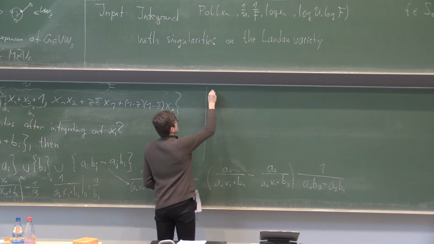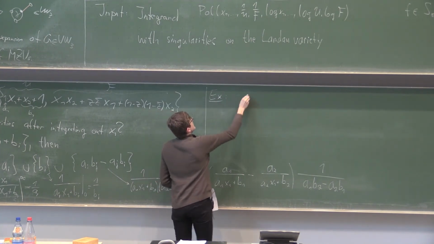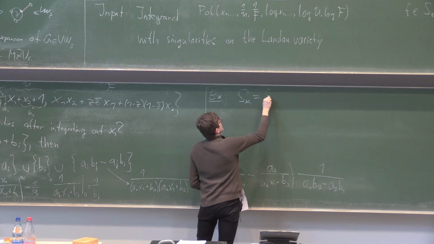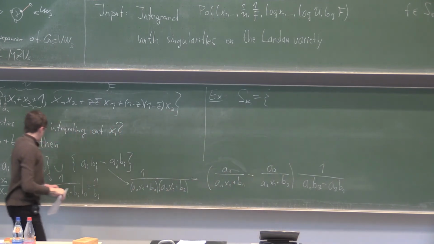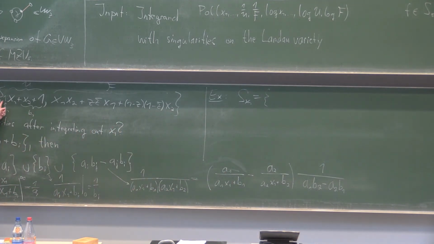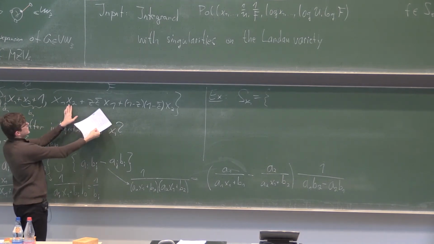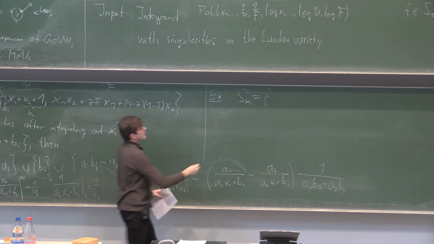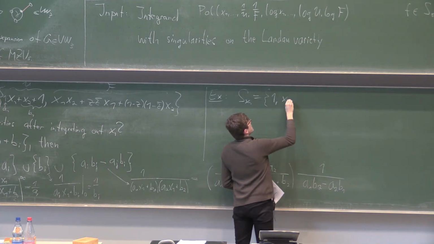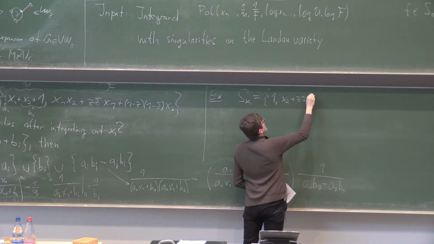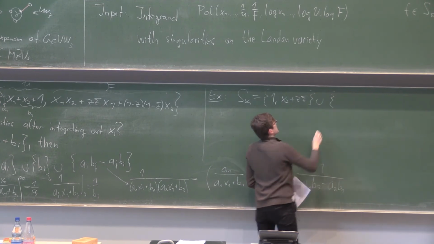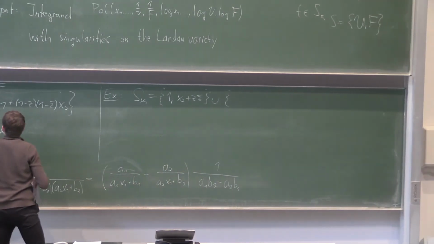So let's do this in the example. As for x1, what do we get from the coefficients? Well, we have a coefficient 1, and we have a coefficient x2 plus z z bar. Then we have constant parts, which are x2 plus 1.